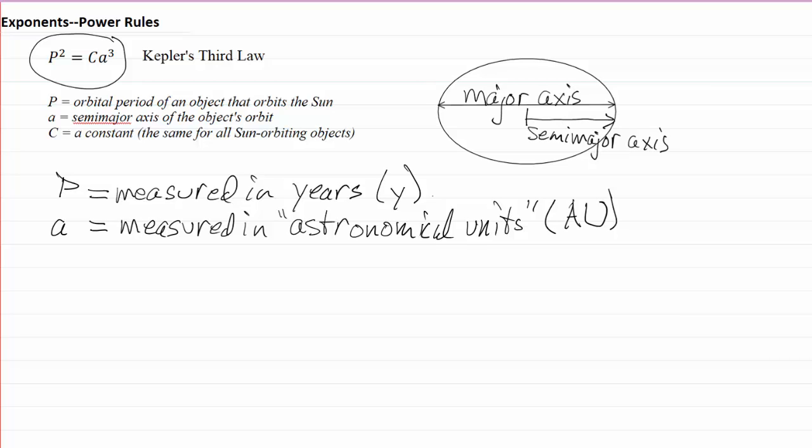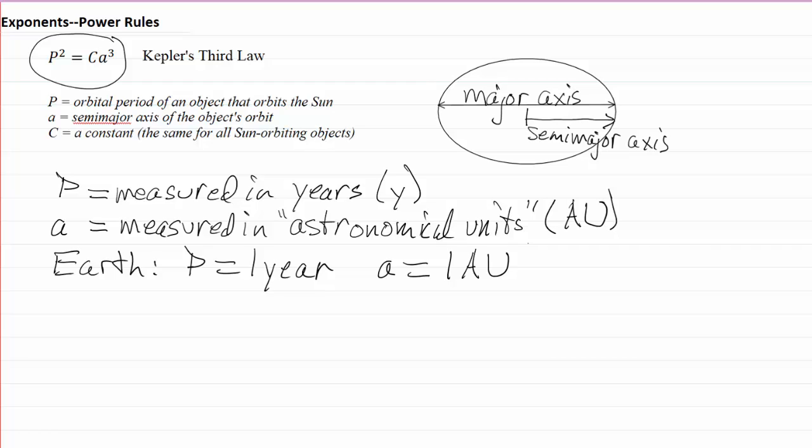If we pick one particular object, we can figure out the value of that constant C. Well, the object we can use is Earth as an example. The orbital period of the Earth is 1 year. In fact, that's how we define the year. The semi-major axis of the Earth's orbit is 1 AU.